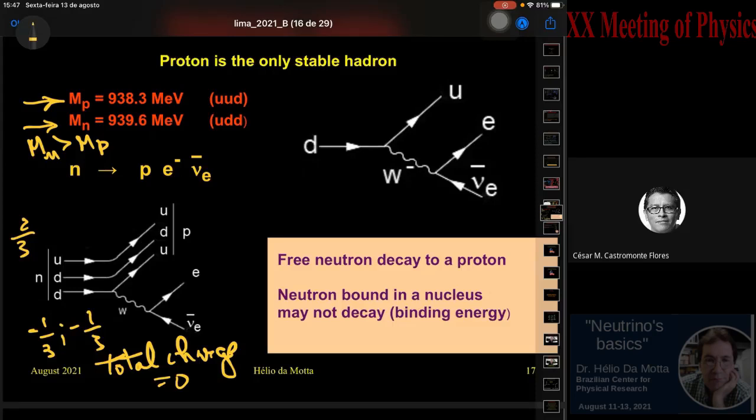Okay? But then at some point, one of the D quarks, see here, emits a W. By emitting a W, it loses energy, loses electric charge, and then becomes a U. Okay? Now it is no longer a neutron, but it's a proton. And what happens to the W here?